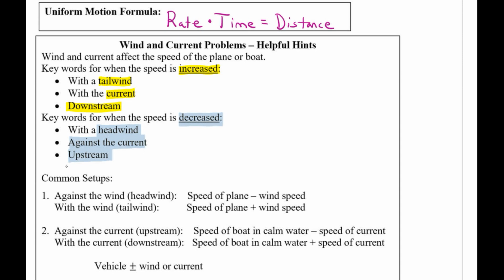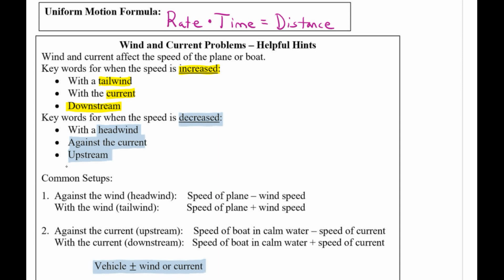So common steps, just to recap, is that we want to start with our vehicle, because it's going to be the faster speed. And then we either want to add or subtract the wind or the current based on whether we're against or with it.